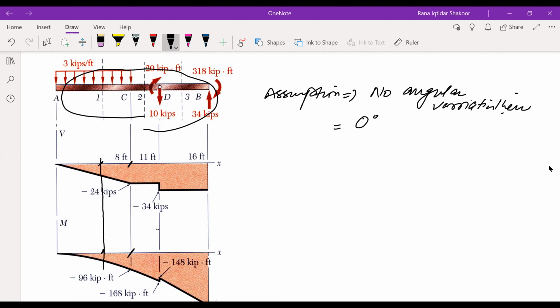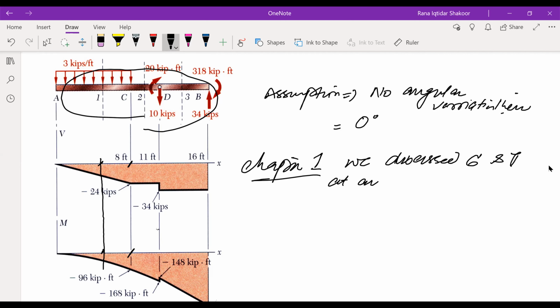Fine. In chapter 1, if you remember, we discussed normal stresses and shear stresses at an oblique plane.